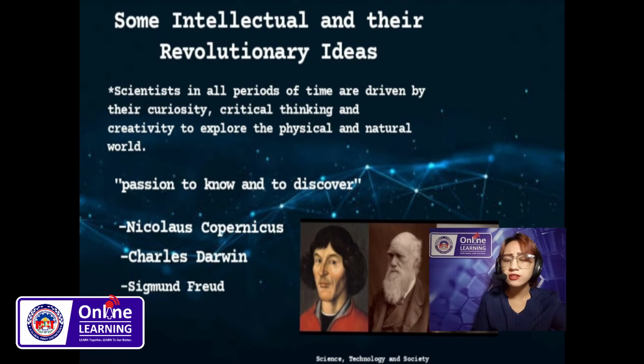The first notable scientist in the scientific revolution era was Nicholas Copernicus. Nicholas Copernicus is one of the Renaissance men, particularly in the field of science, who had knowledge about the nature of the universe.